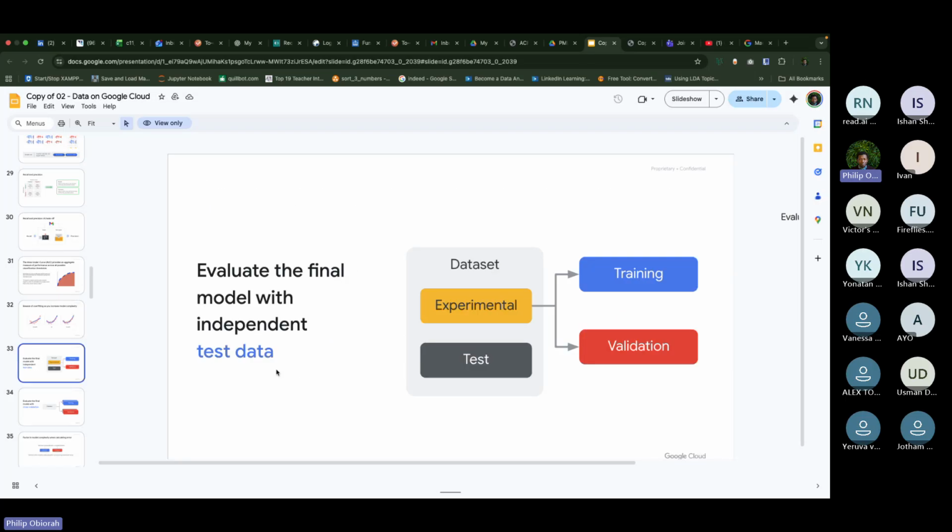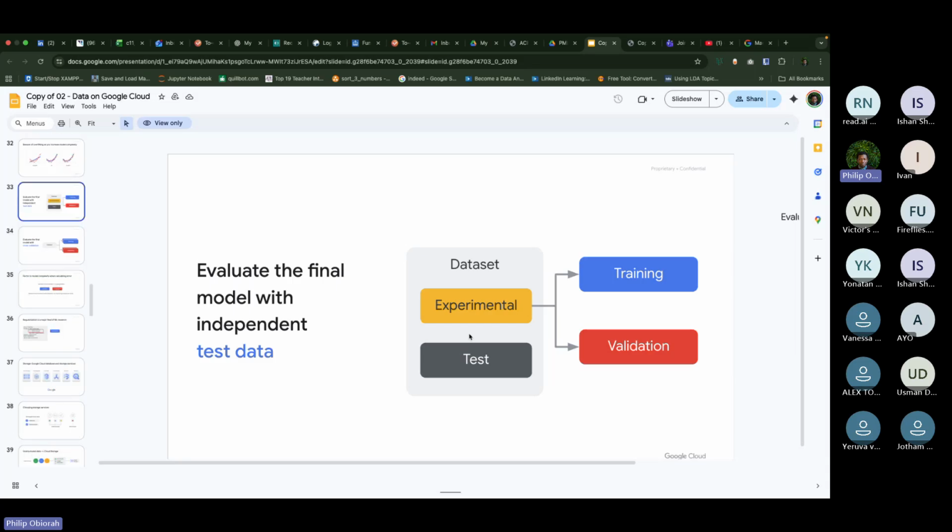Now, this concept is not new. We've explained this before for those that have been attending the classes. Throughout your machine learning journey, once you get your data set, you're advised to split your data into three parts.